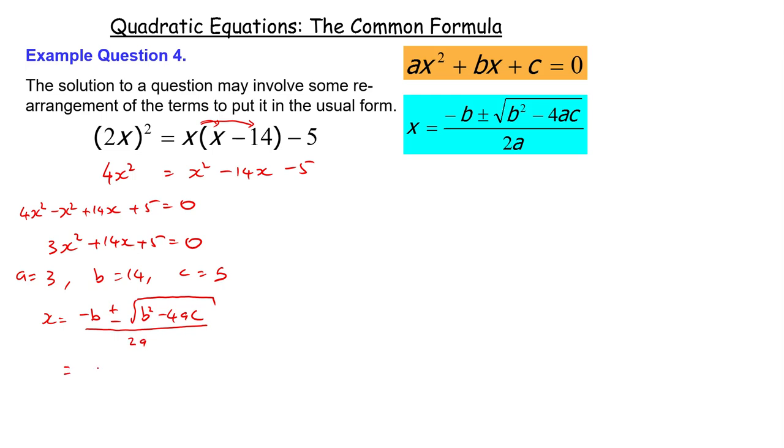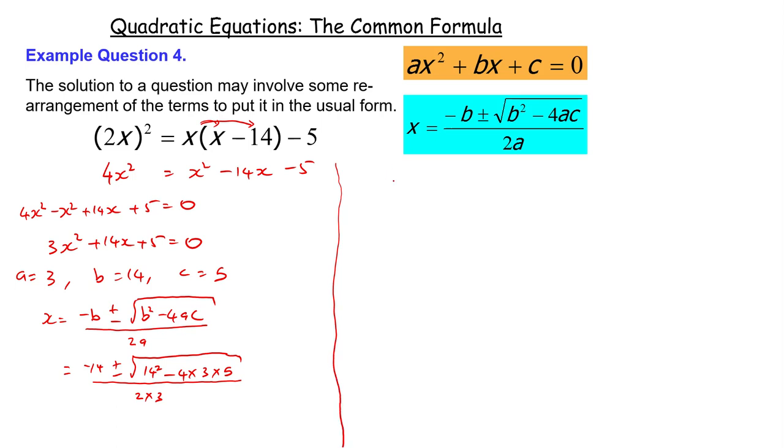So let's sub in for a, b and c. So minus b, so we've got minus 14, plus or minus the square root of 14 squared, minus 4 times a, 3, times c, 5, all over 2 times a. So 2 times 3. I'm going to carry on this side of the page.